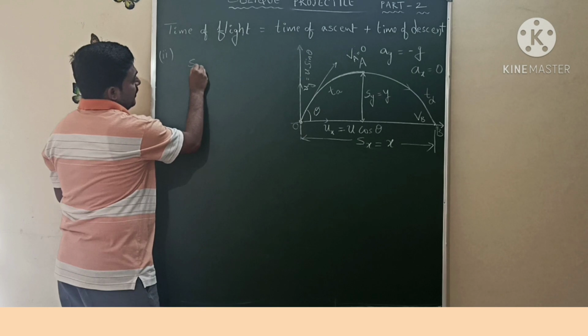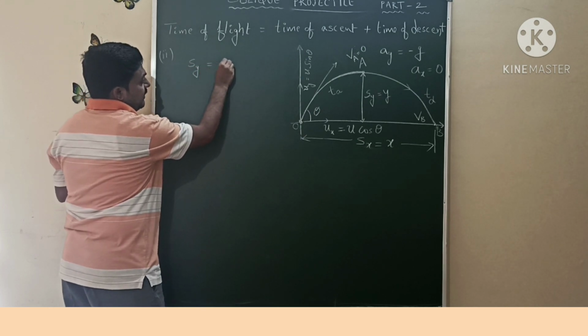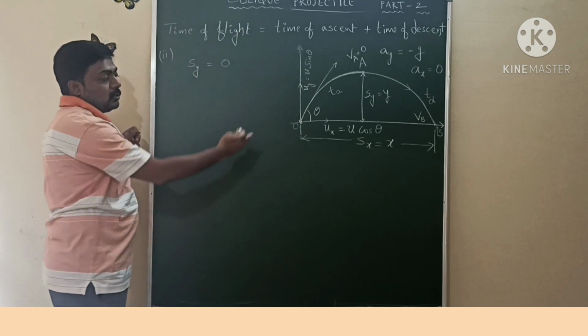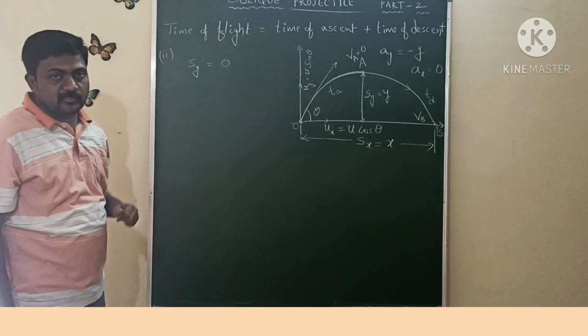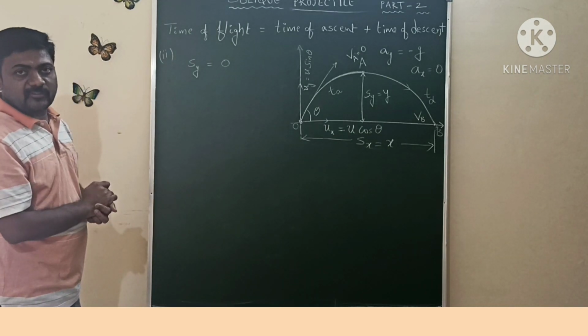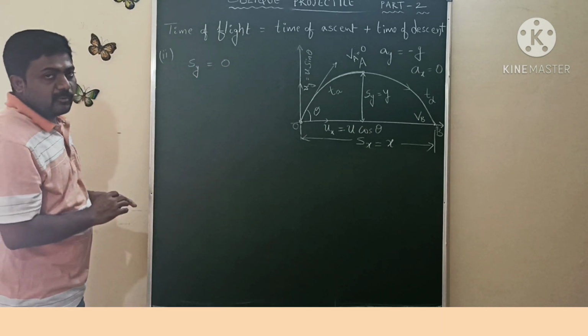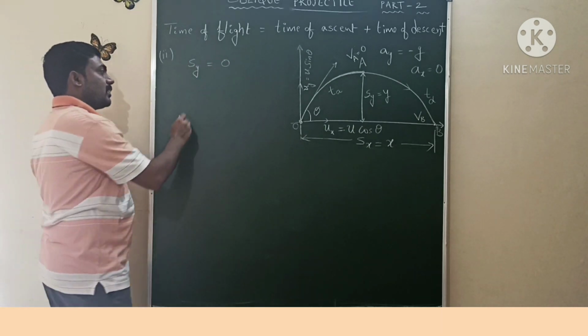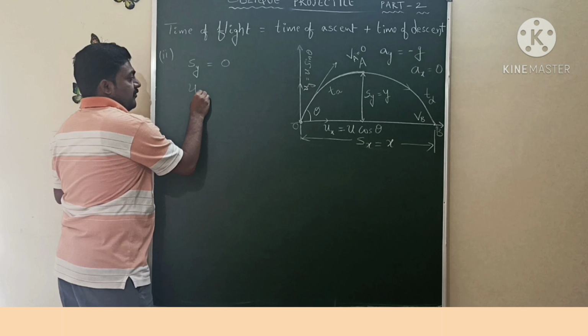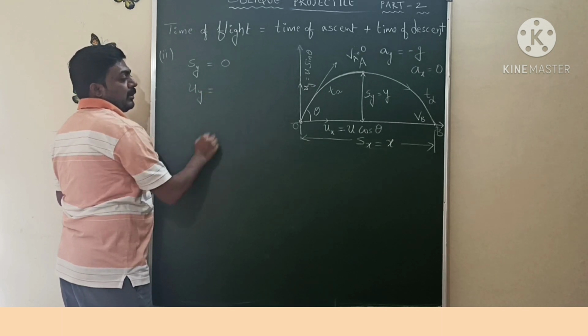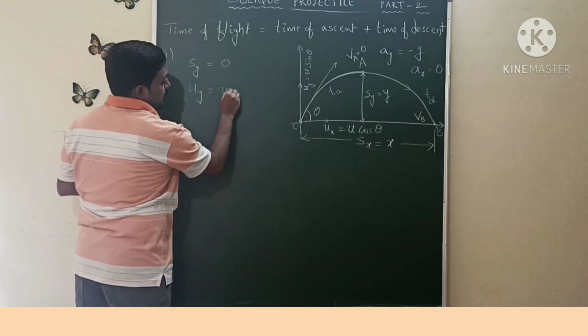Displacement along the y-axis is 0, so don't consider x-axis displacement. The y-axis displacement is 0 because it is spent in air along the y-axis direction. When started at point O, the initial velocity is u sin theta.